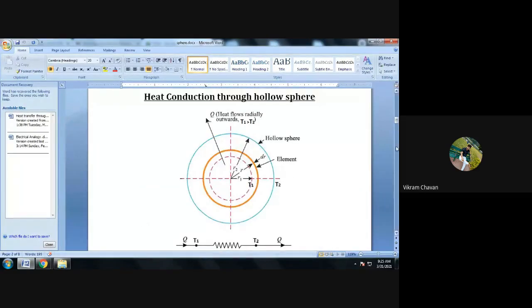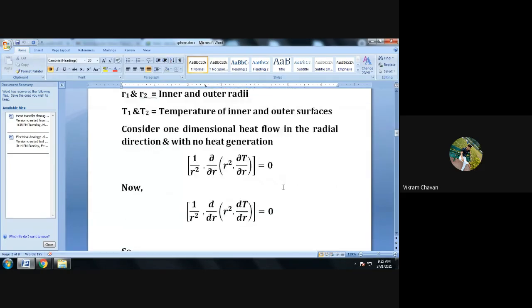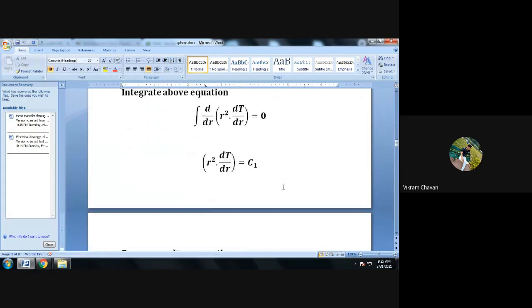Extreme condition means when radius is r1, at that time temperature is T1, and when the radius is r2, at that time temperature is T2. So that is our boundary condition, two boundary conditions.